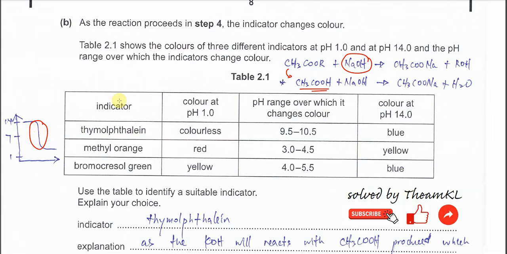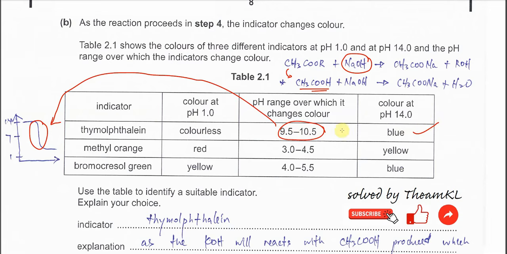In this table, only thymolphthalein changes color at pH 9.5 to 10.5, which is within this range. That's why thymolphthalein is the more suitable indicator for this reaction.